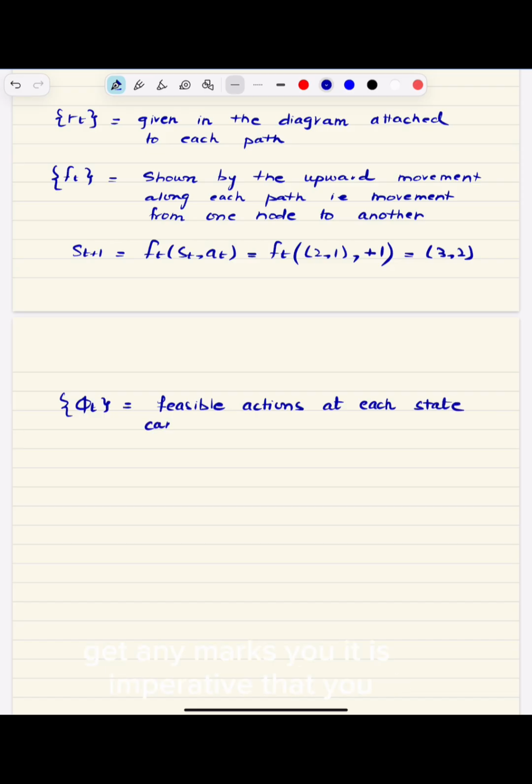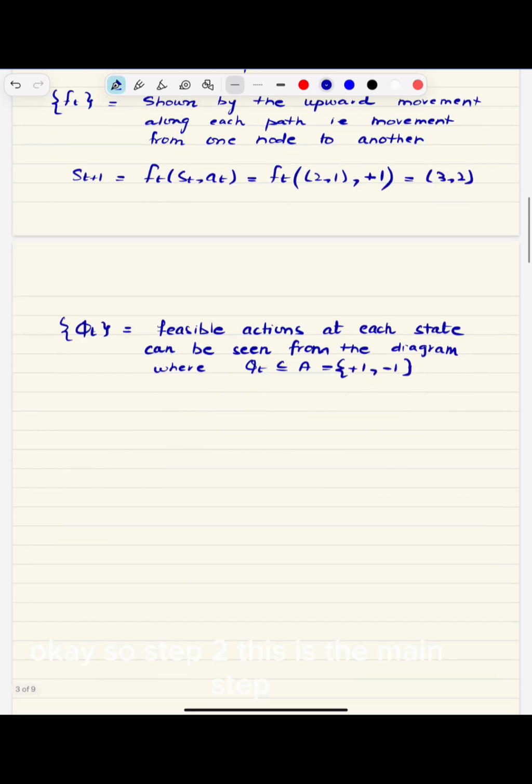It is imperative that you mention these elements of the FHDP. Feasible actions at each stage can be seen from the diagram, where the feasible action set is simply a subset of the set of actions, where the set of actions was going right and going left.